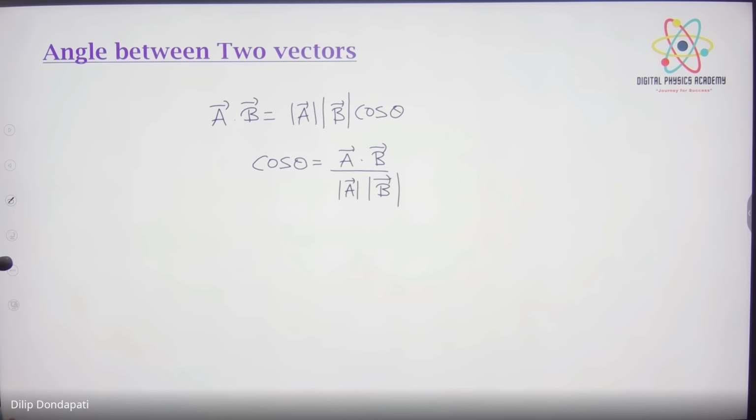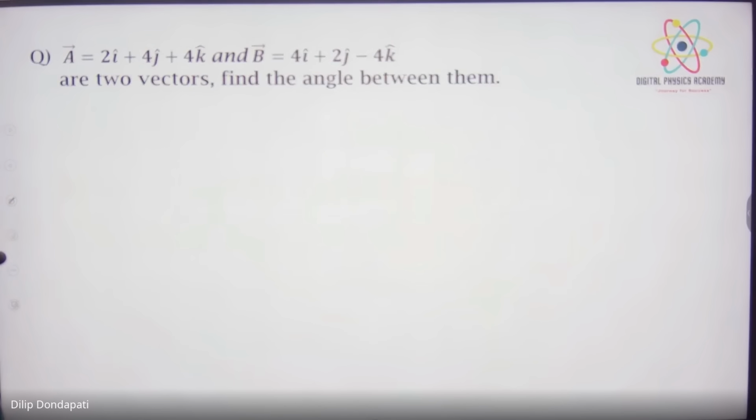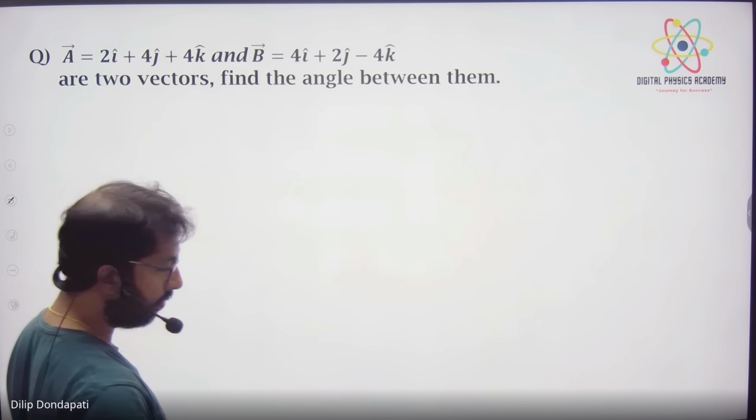This is the application where we use it to find angles. Okay. Let's go. A equals this much, B equals this much. Find the angle between them.